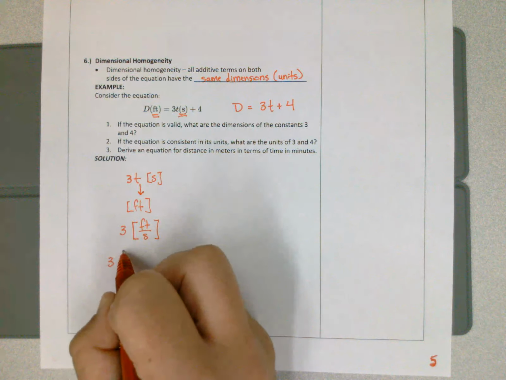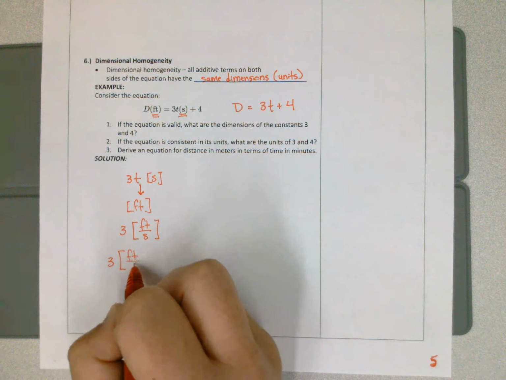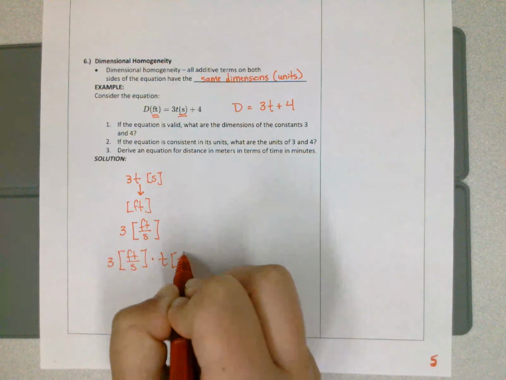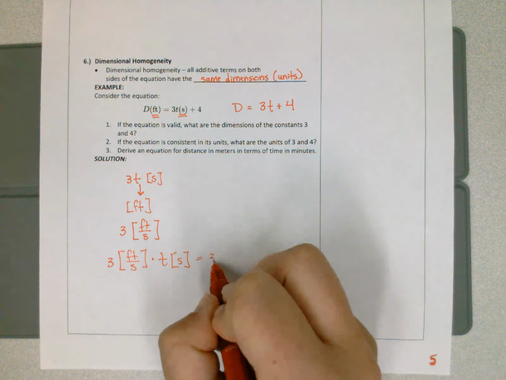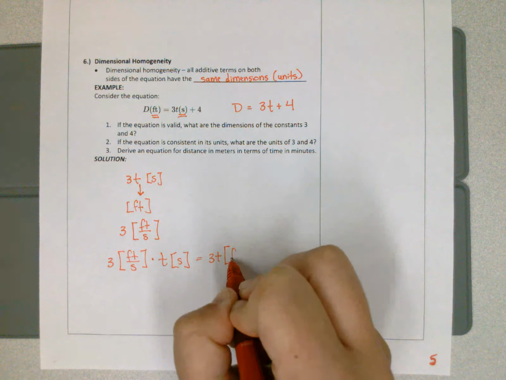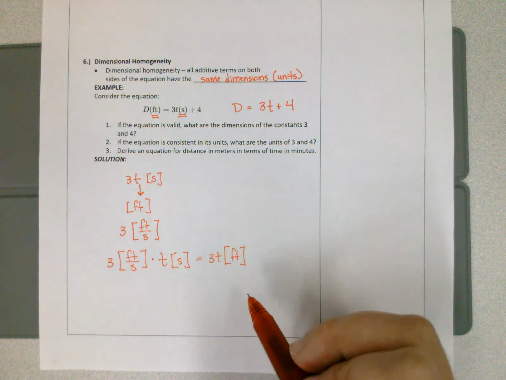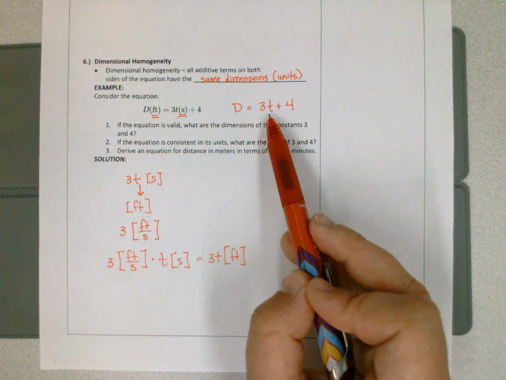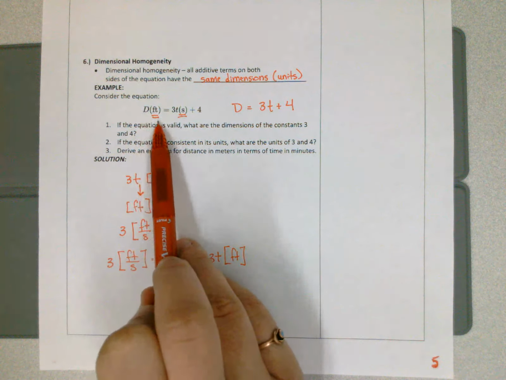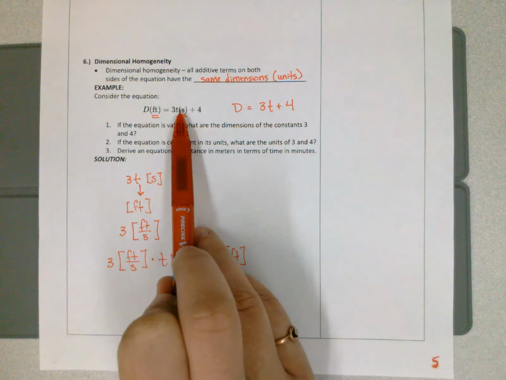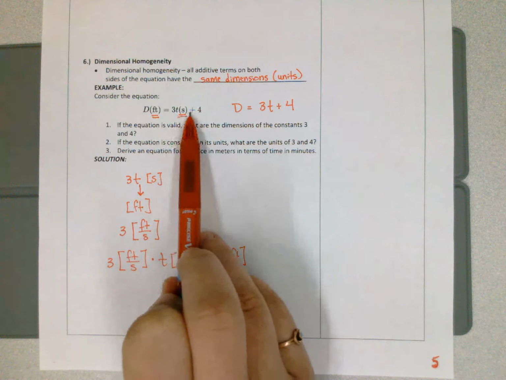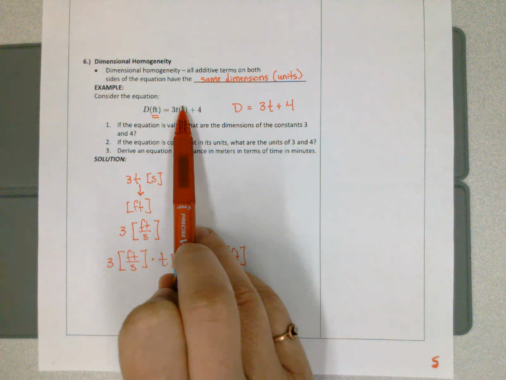So if I multiply 3 with its units of feet per second times t with its units of seconds, I get something in terms of feet on the other side of the equation. So all dimensional homogeneity does for us is get us thinking about, if this is feet, what units does each component of this 3t have to have in order for this whole term to be feet as well?